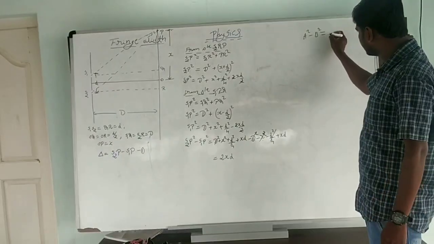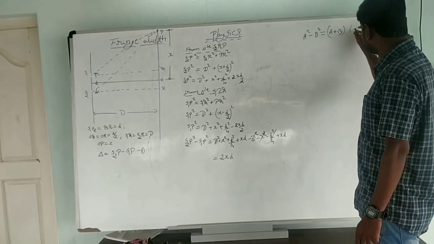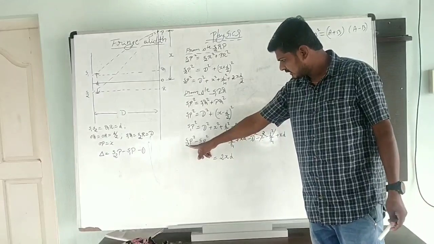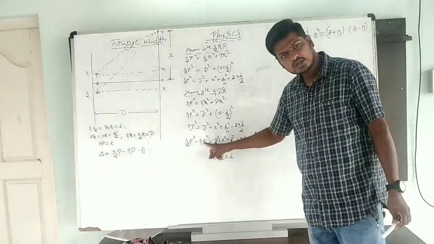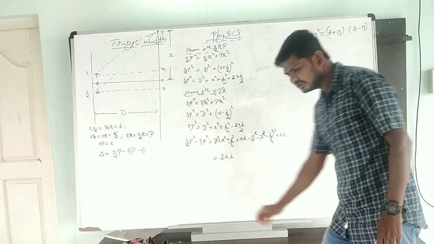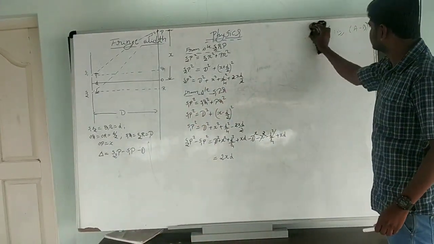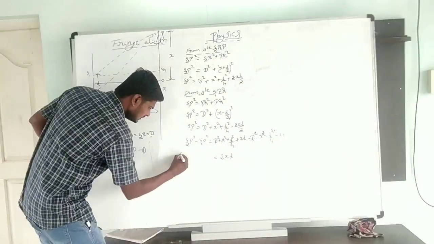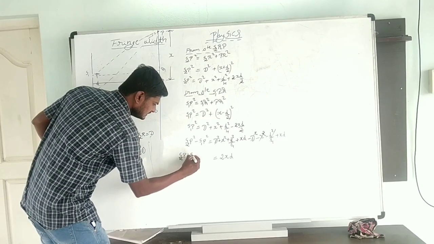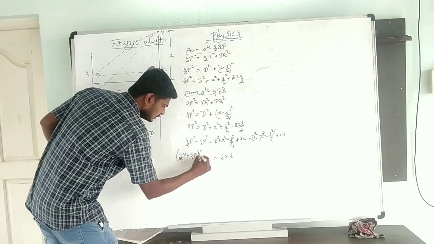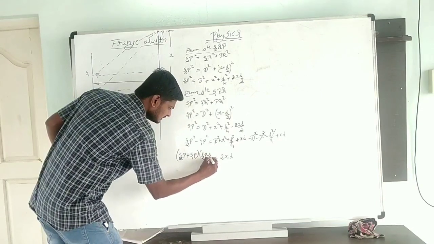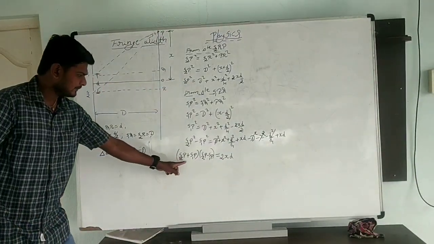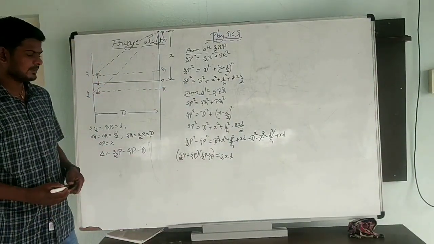Listen, A square minus B square is written as A plus B into A minus B. In the same way, I write S2P plus S1P into S2P minus S1P.